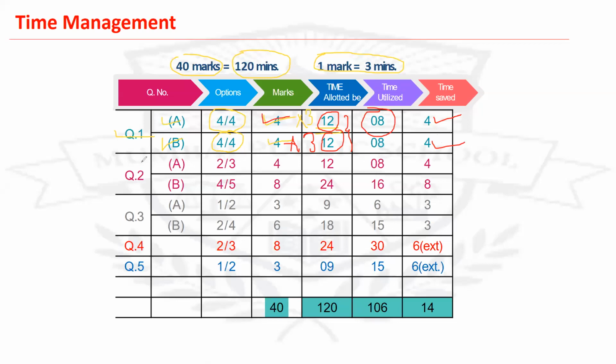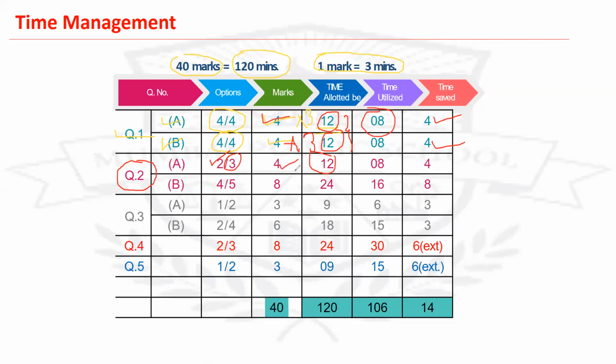Now, after that, you'll move to question 2. From question 2, understand, here your options start. Here there are total 3 questions, out of which you have to solve 2 questions. 4 marks. Again, 4 into 3, 12 minutes for that, with the help of the calculation, 1 mark, 3 minutes. Now here also, these are actually 2-step solutions.